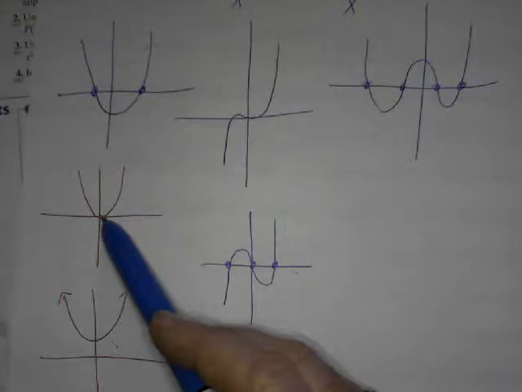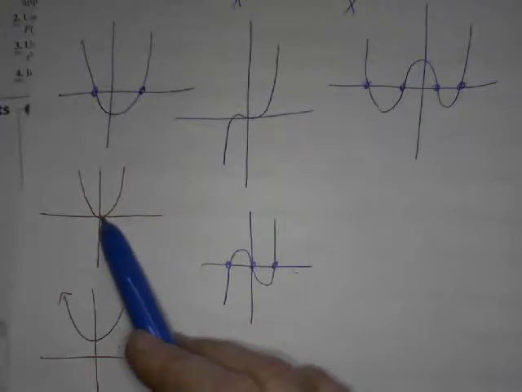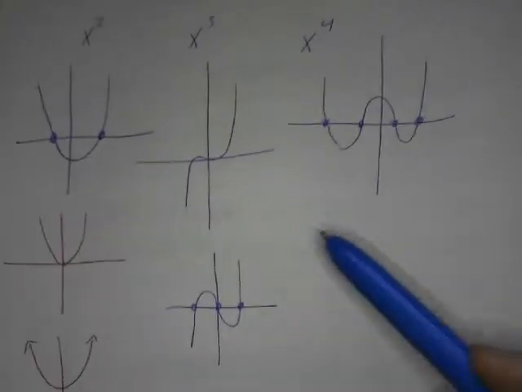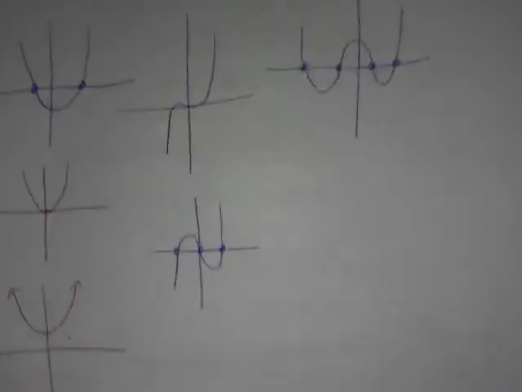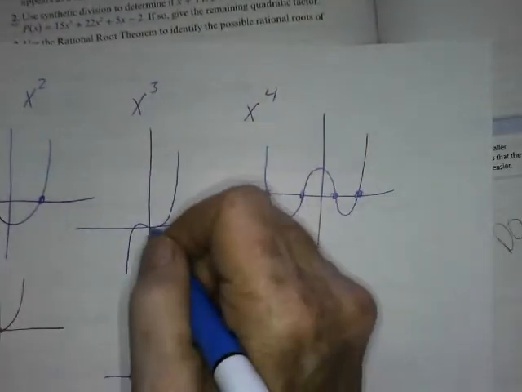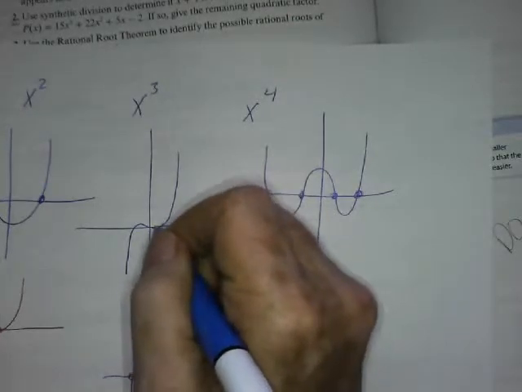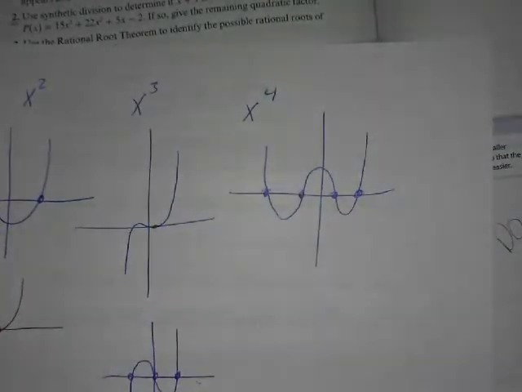This one would be when you have a root with multiplicity of 2. So if it's x cubed, right here, see where it just barely touched the axis, that would have a multiplicity of 2, because it just barely touched it. Or it could go like this and only have 1 root.